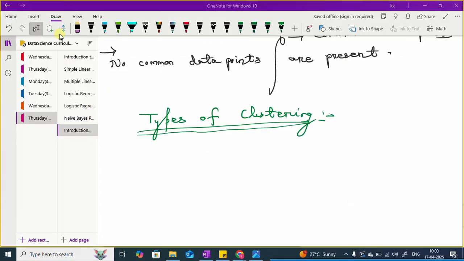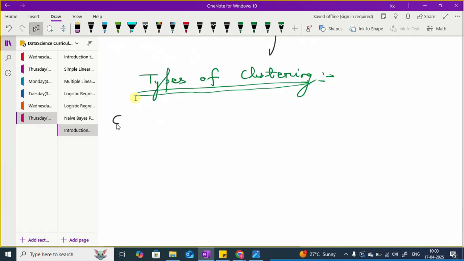Two important technical terms we have seen today. One is called centroid.